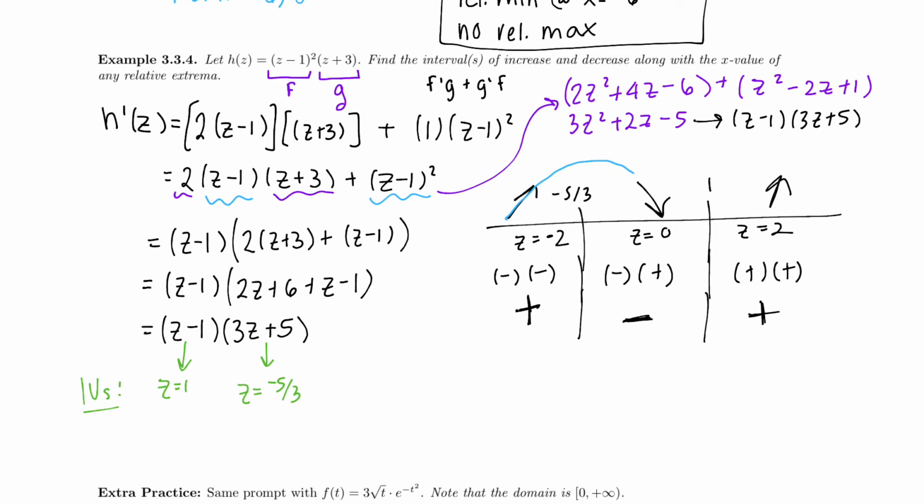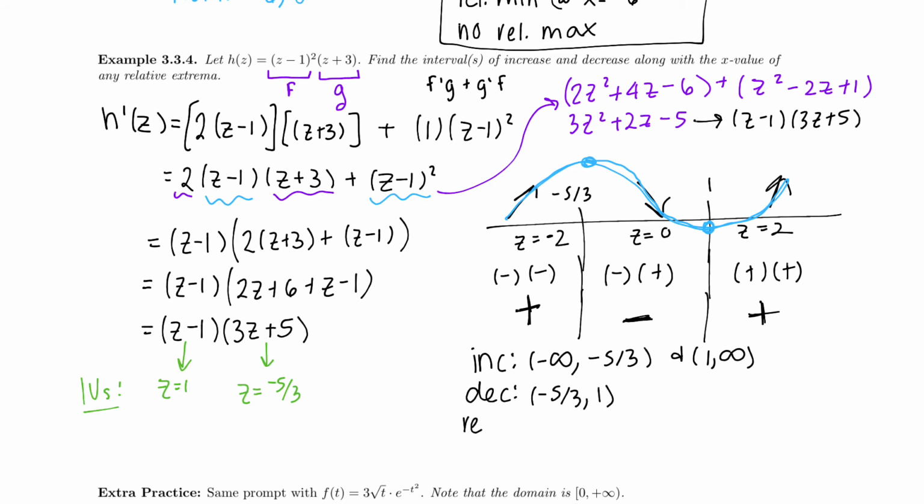So you draw yourself a little picture. You don't need to worry about domain issues here because this was just a polynomial. So we are increasing from negative infinity to negative 5/3 and 1 to infinity. We are decreasing from negative 5/3 to 1.